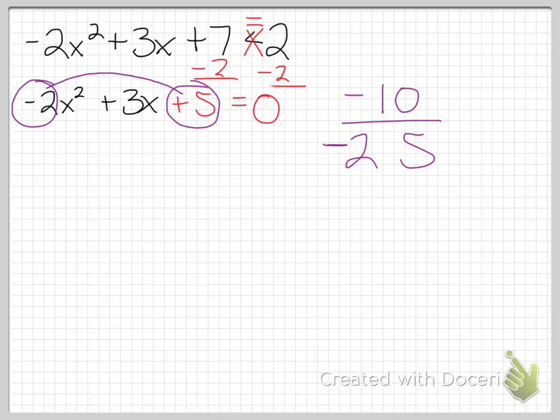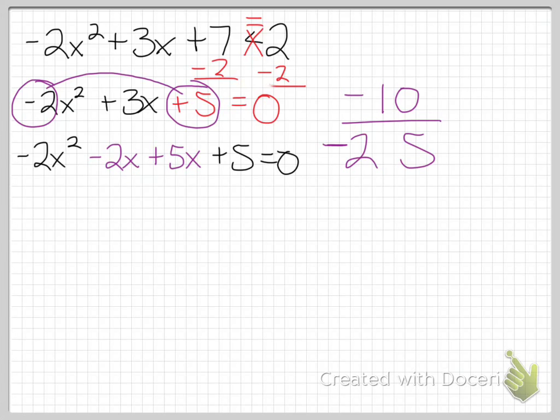So then if I go back to factoring by splitting the middle, it's the exact same process that we've had before. I'm just going to change the 3x to be minus 2x plus 5x, the factors that I just found from my negative 10, plus 5 is equal to 0. And then I can factor each of these by grouping.